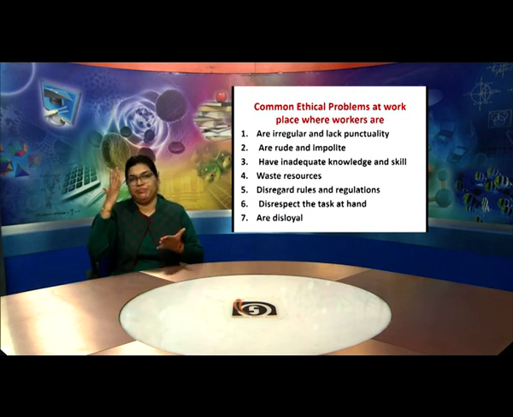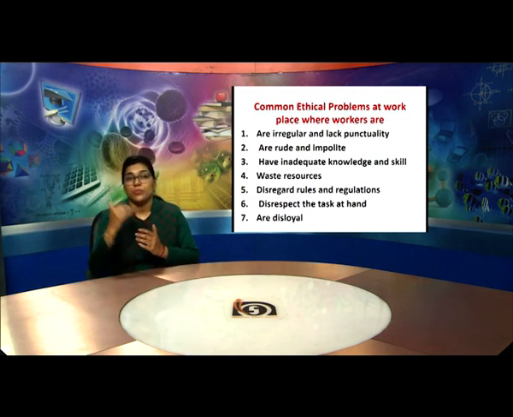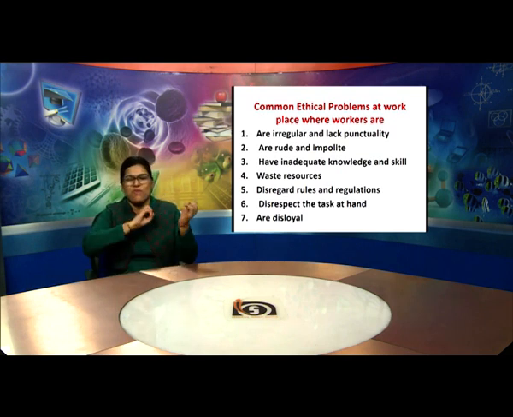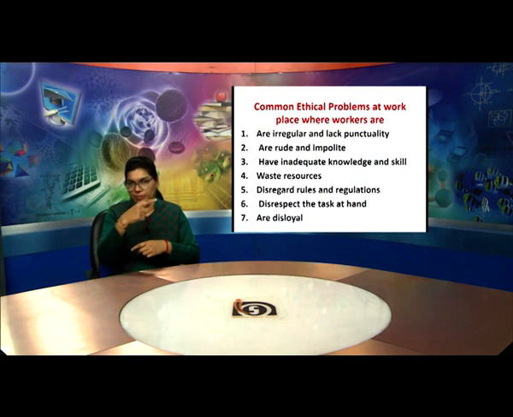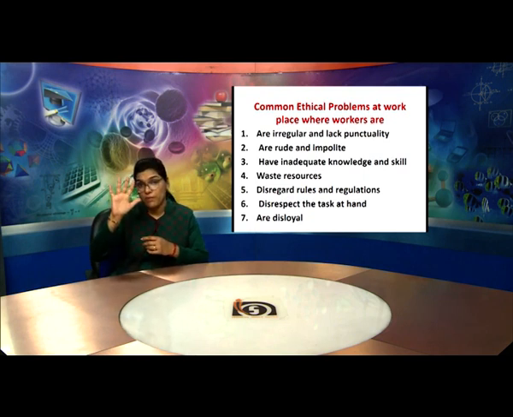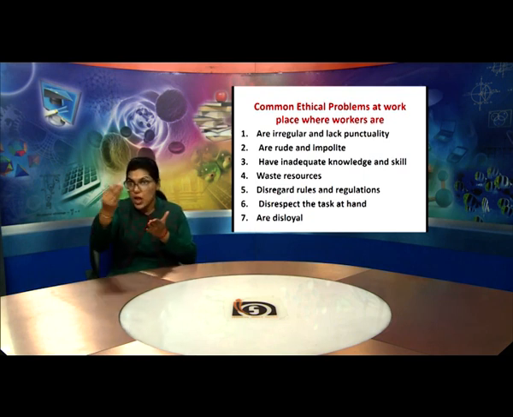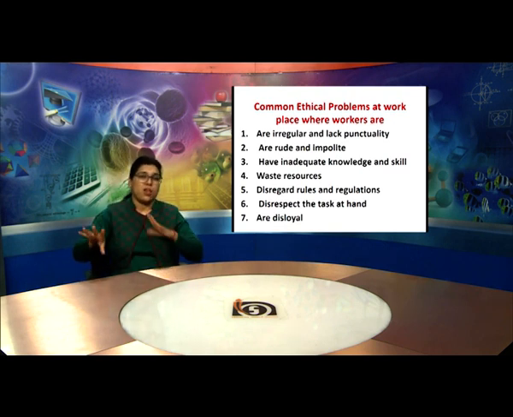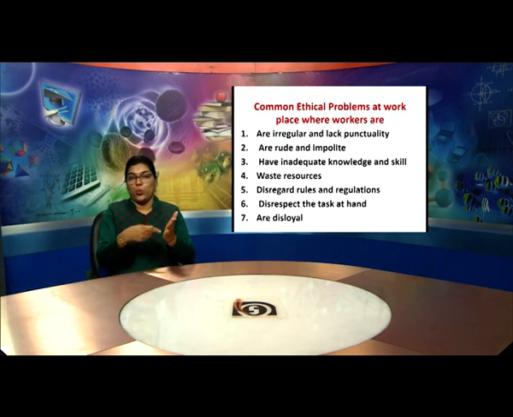And the third common ethical problem which is generally seen is people or workers have inadequate knowledge and skills. The fourth common ethical problem is workers waste resources. All the resources which we need to use or utilize, sometimes they get wasted.